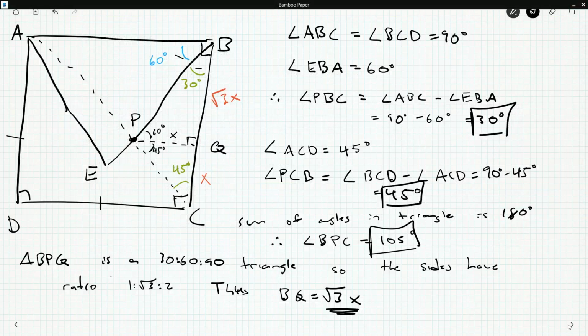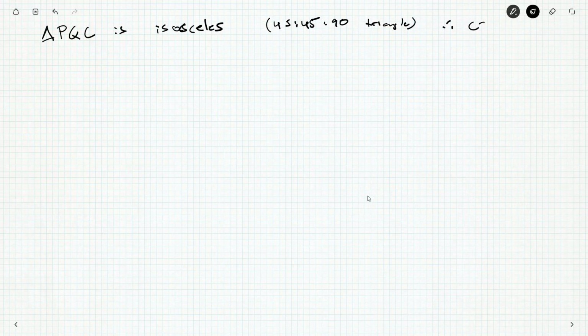So we'll do this on the next page, but you might also say, well, PQC is isosceles because it's a 45, 45, 90 triangle. So CQ is equal to x.